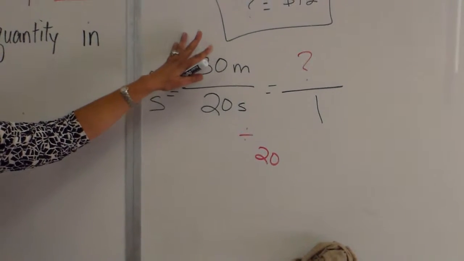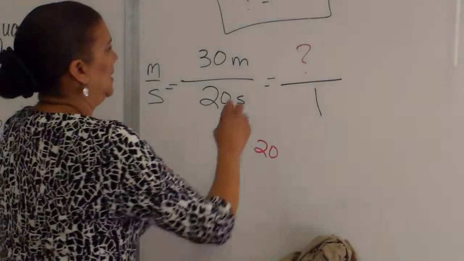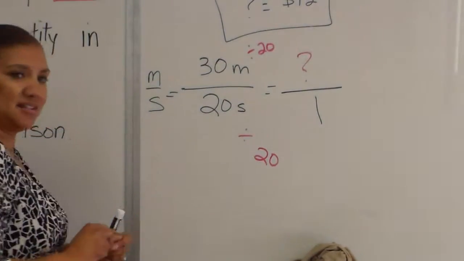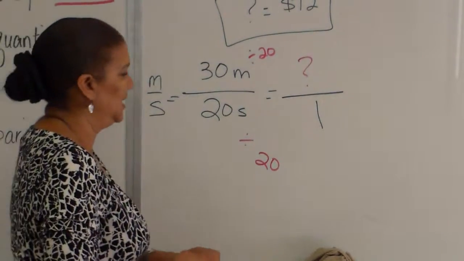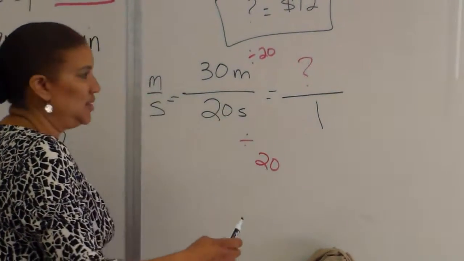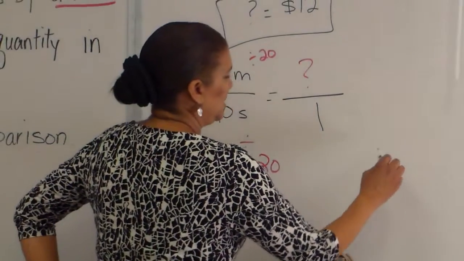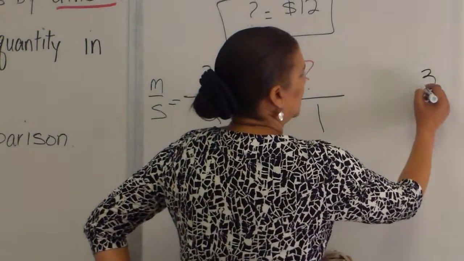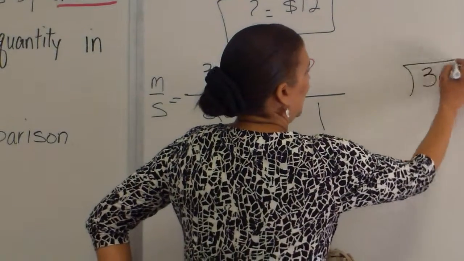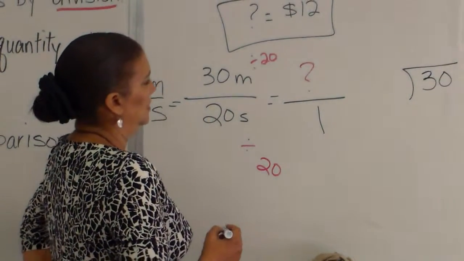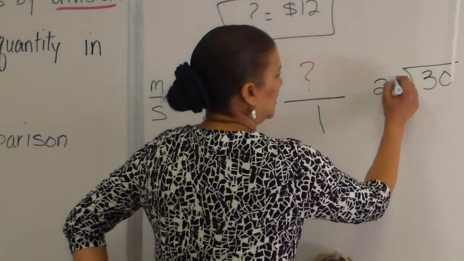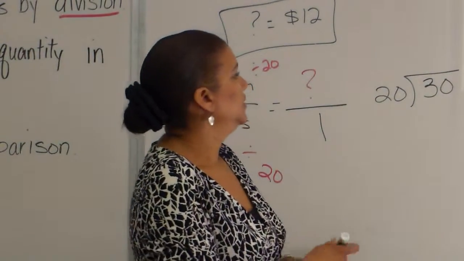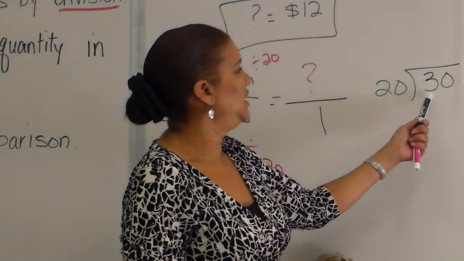So now 30 divided by 20 equals what? Well, we might need to do some long division here. 30 divided by 20. Does 20 go into 3?